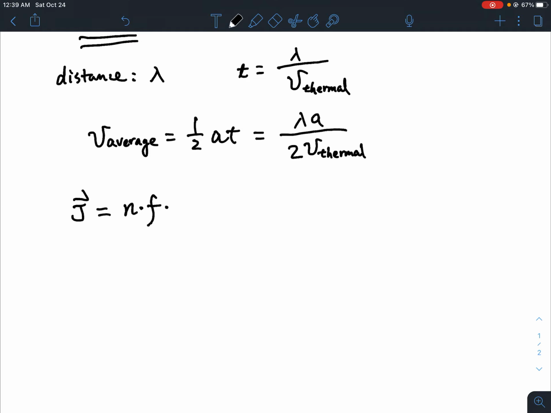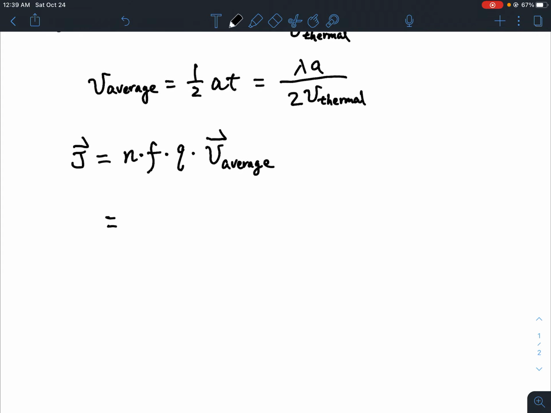If there are more free electrons, of course the current will be bigger. Then we have the electron charge Q and the average speed.